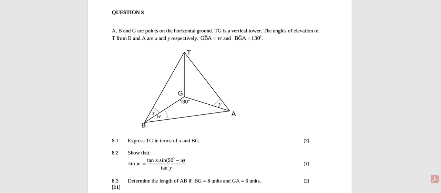So we can also find the other angle, as you know that the sum of interior angles of a triangle is 180.